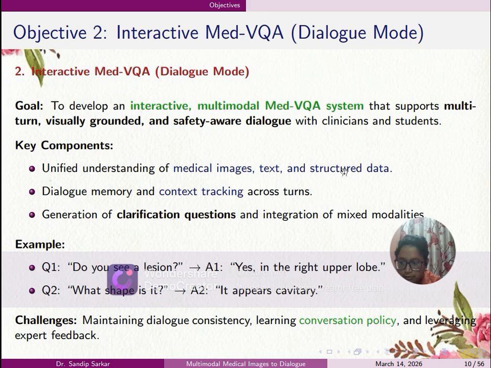The goal is to develop a multimodal system that can read medical images, understand textual information, and incorporate structured patient data. Instead of answering isolated questions, the model should maintain a conversation, provide follow-up responses, and adapt to the user interaction across multiple turns.